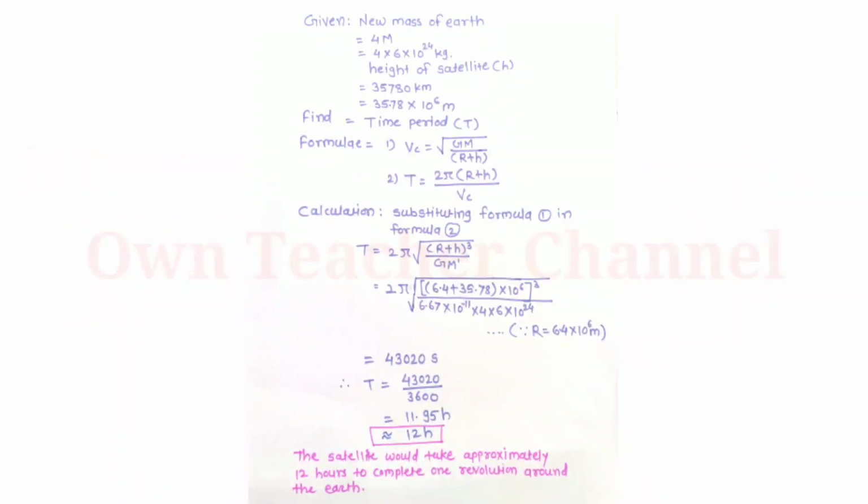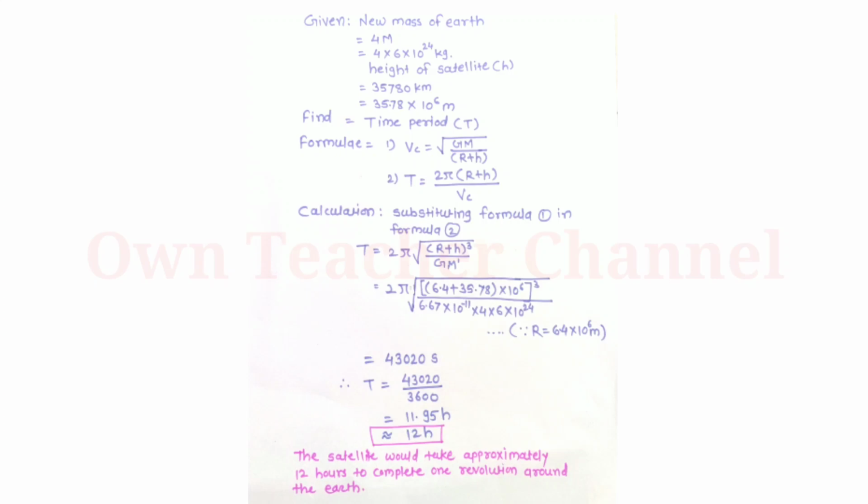In this problem, given new mass of Earth 4m, that means 4 into 6 into 10 raised to power 24 kilogram. Height of satellite 35,780 kilometer. We have to find the time period, that means T.